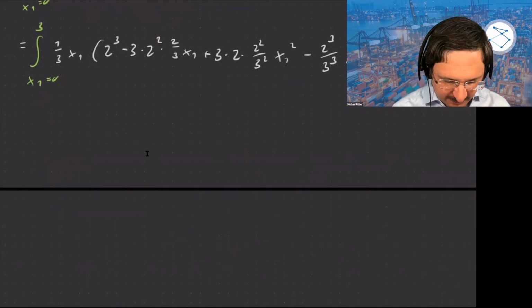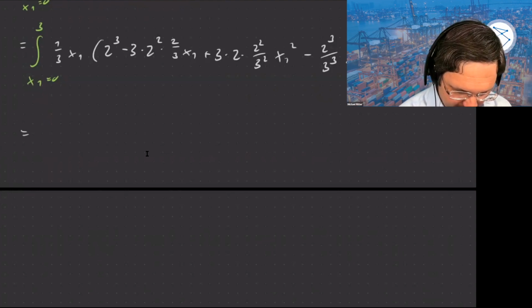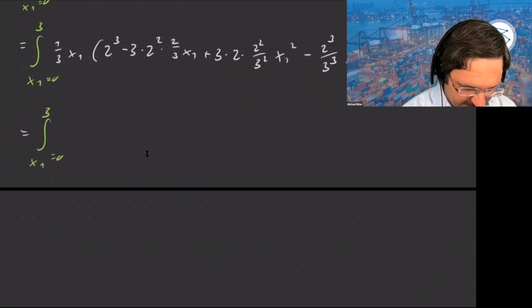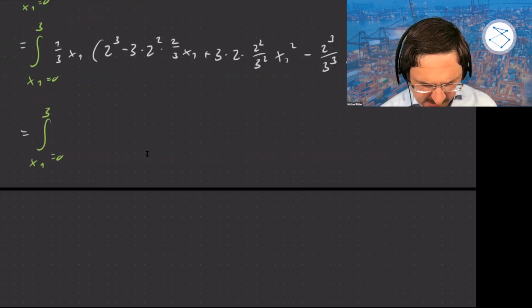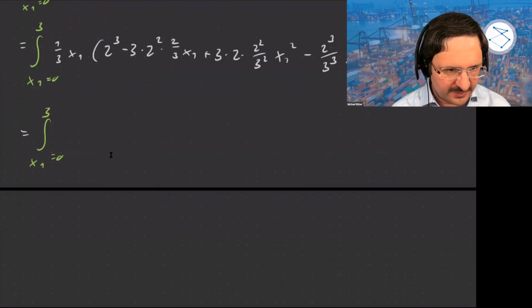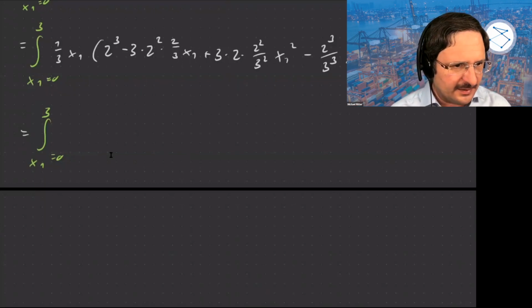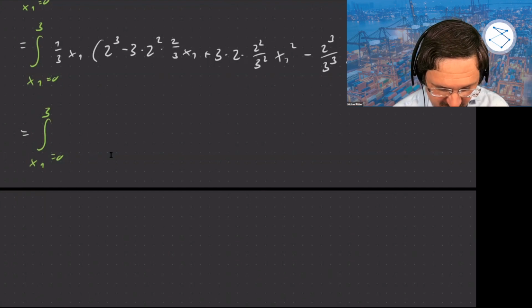All right, so what we get is, again, this integral here from 0 to 3. If we multiply that x1, take that into this expression here, simplify that a little, still complex enough, but oh, what the heck.